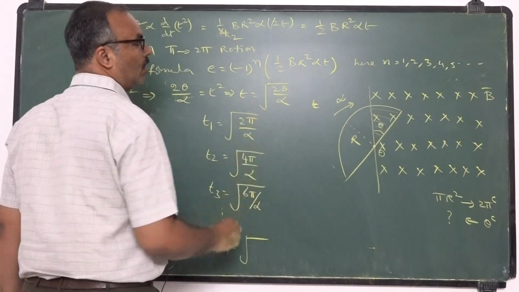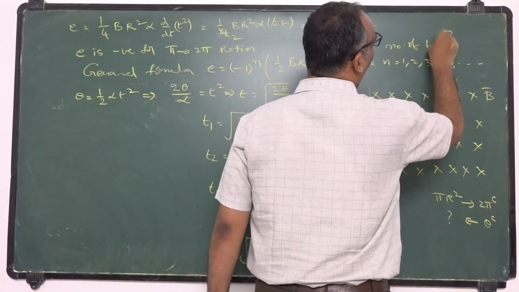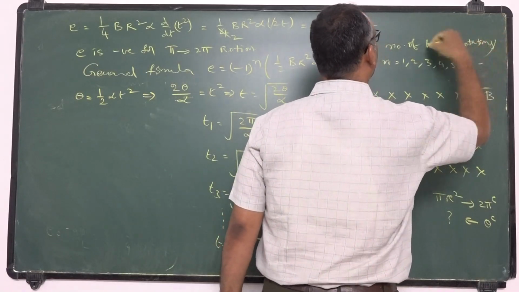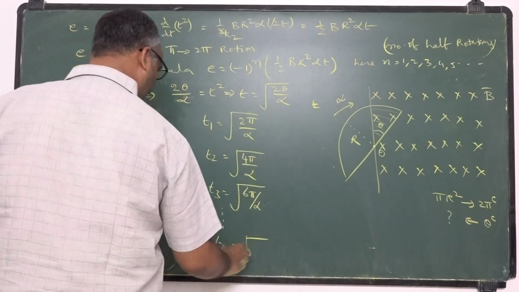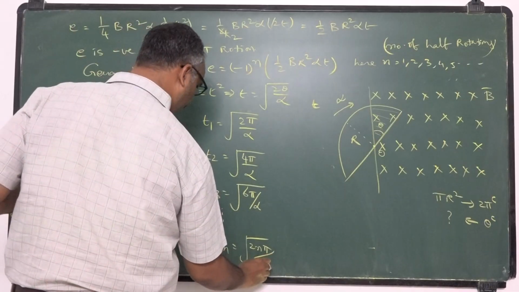Here these are number of half rotations. So you will get the general formula root of 2n pi by alpha.